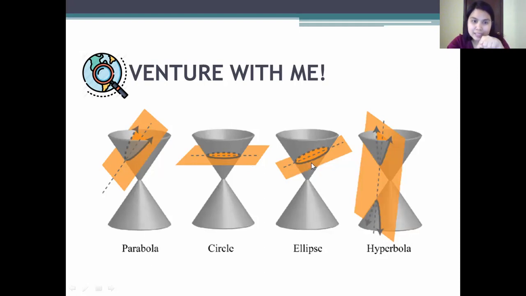If we slice it through the full cone at a slant, we get an ellipse. Usually we call it oblong when we're in elementary. But as we go higher in education, we learn it's an ellipse, not just an oblong. And if you slice it this way, we get a hyperbola. It means two parabolas.